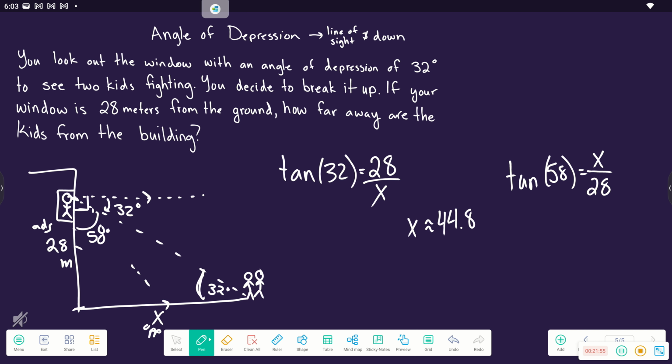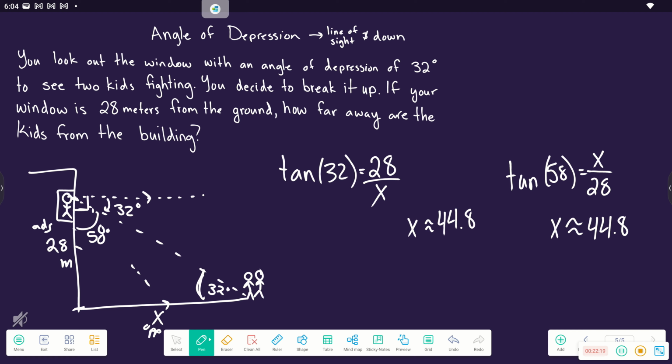If you solve this the same way that you solved your last one, multiply by 28 on both sides, get x by itself, you get the same exact number, 44.8. So regardless of if you use your parallel lines cut by a transversal, or if you use supplementary angles to figure out what this angle is, you will get the correct answer either way.